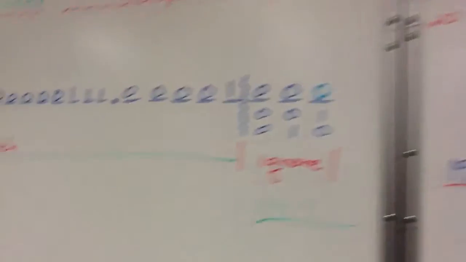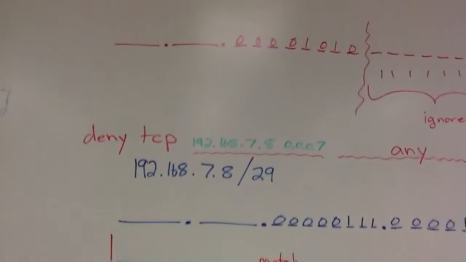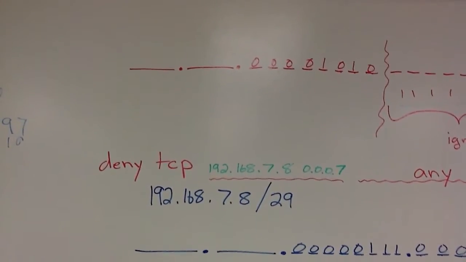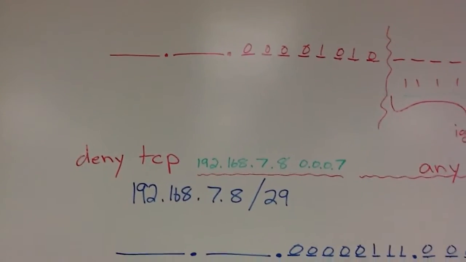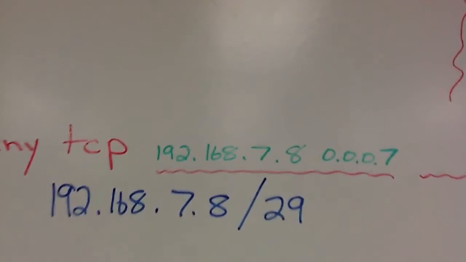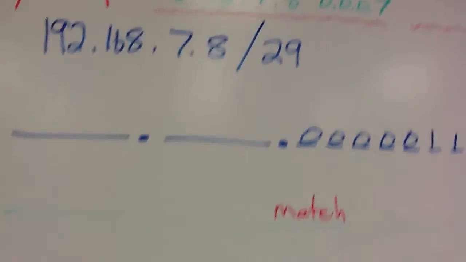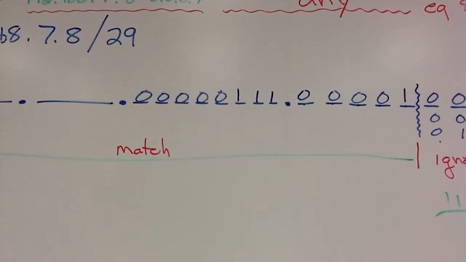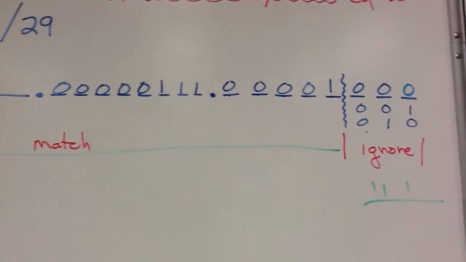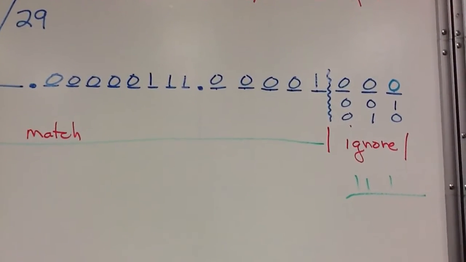Okay, access list, we're going to deny access to port 80, the internet. So we did a deny TCP, and we came up with this. We had this particular network down here. So we're ignoring those last 3 bits over there.